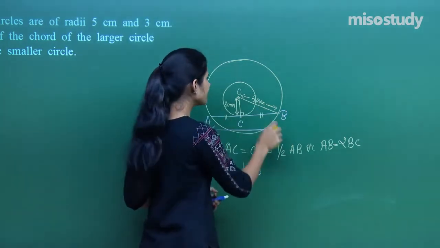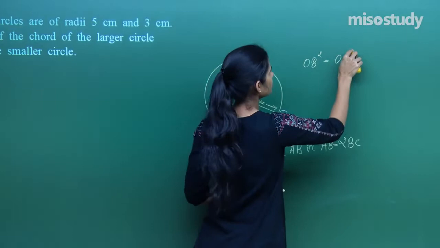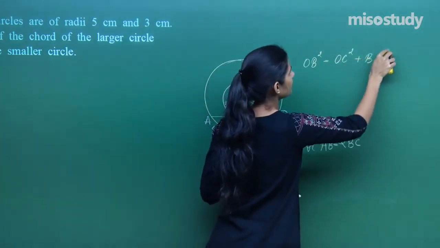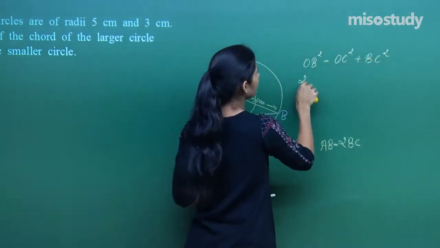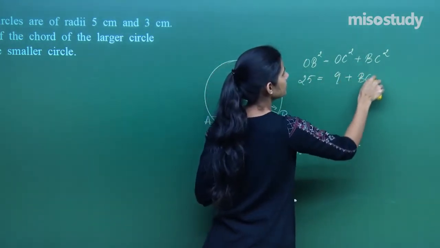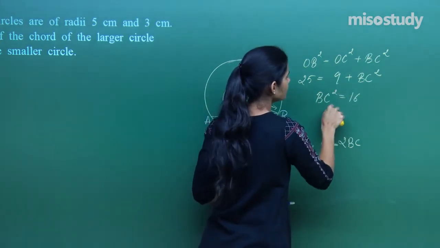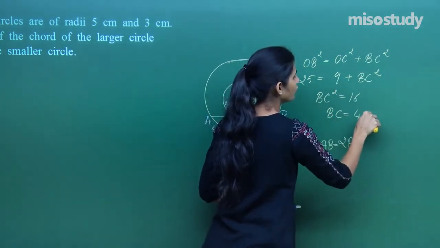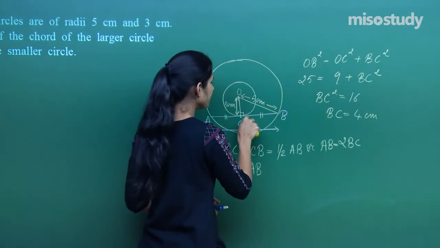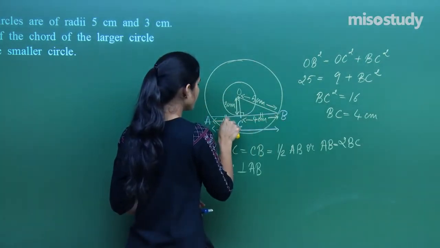And this is a right angle triangle, so you have OB square equals OC square plus BC square. OB square is 5 square which is 25, OC square is 3 square which is 9 plus BC square. So BC square is 16 which implies BC is 4. The moment BC comes out to be 4 centimeters, AC is also 4 centimeters.